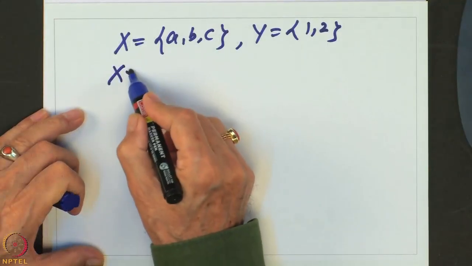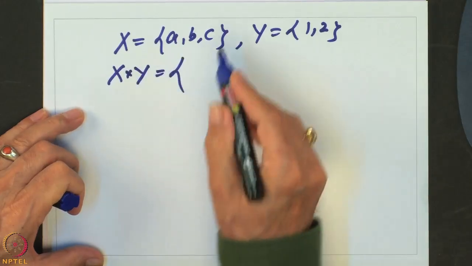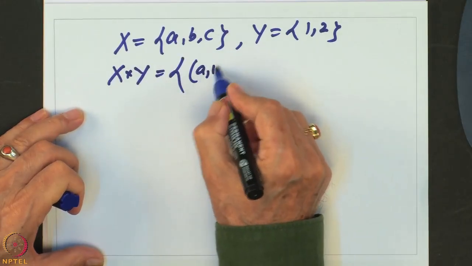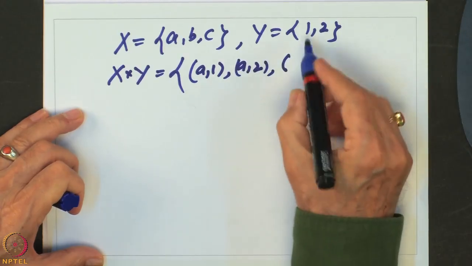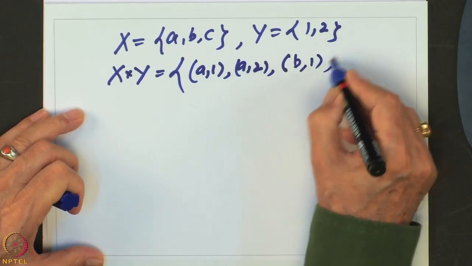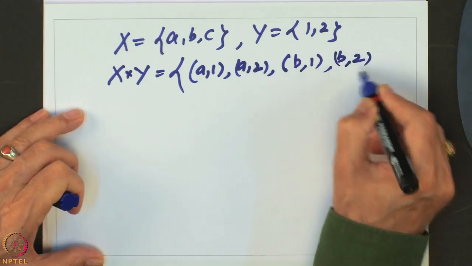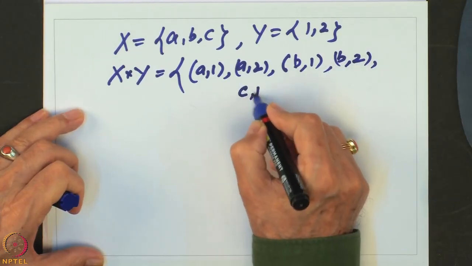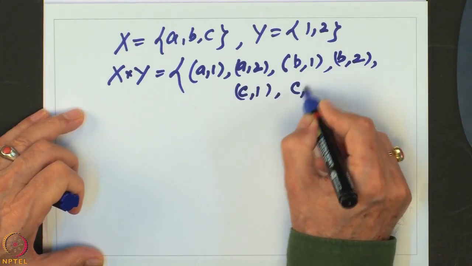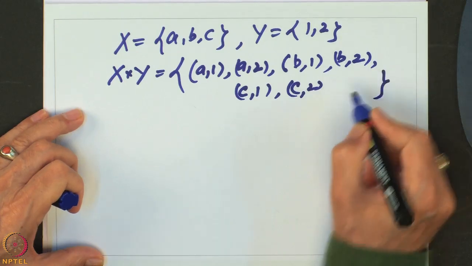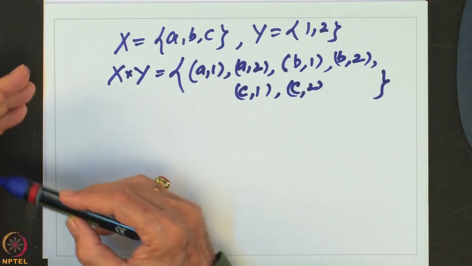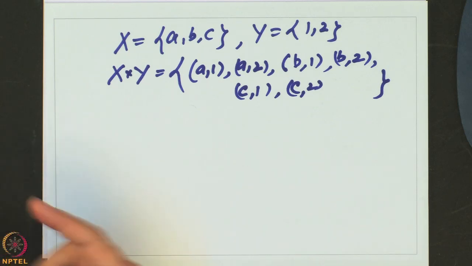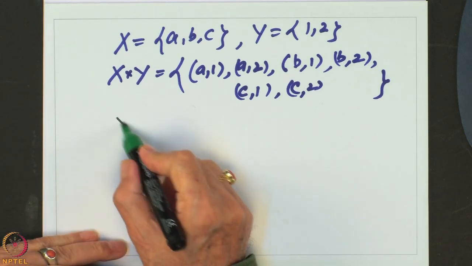So, we had X cross Y as the set of all ordered pairs: A comma 1, A comma 2, then the ordered pairs B comma 1, B comma 2, and then C comma 1 and C comma 2. So, these are ordered pairs. This is the Cartesian product of X cross Y. Let us look at what will be the set Y cross X.